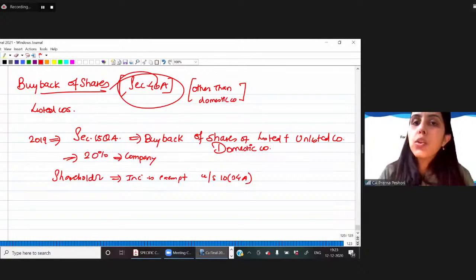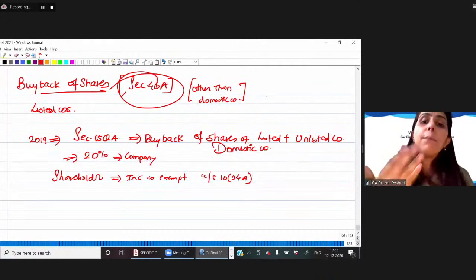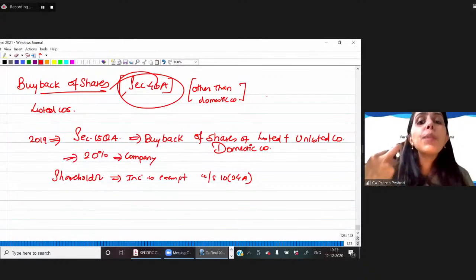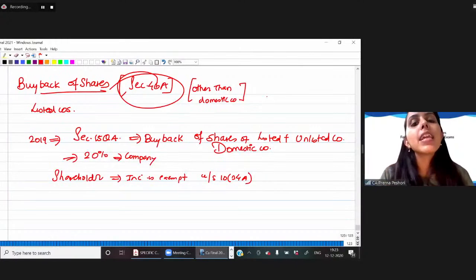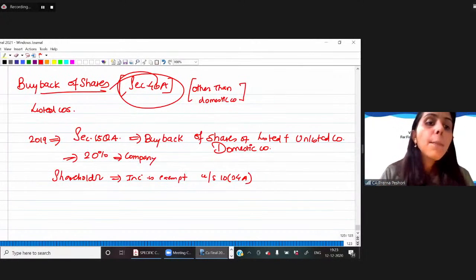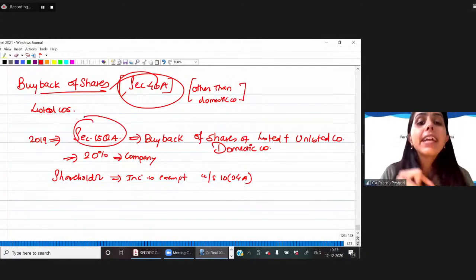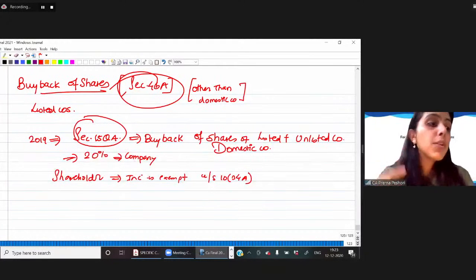So if a foreign company, whose POEM is said to be in India, does a buyback, then 46A may apply. Because for a domestic company, the 115QA provision is applicable and the taxability is in the hands of the company itself. Under 46A, taxability will be in the hands of the shareholder. Clear?